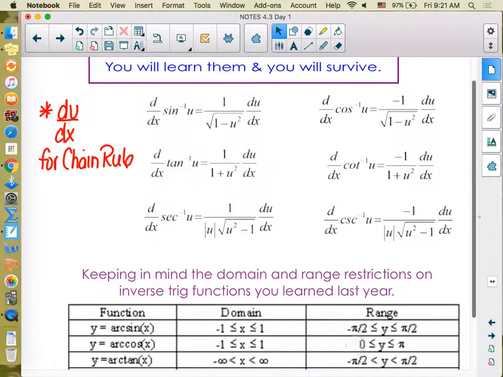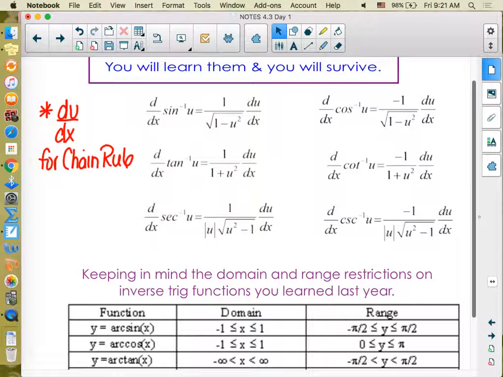Inverse cosine takes in values between -1 and +1, the ratio, and gives out an angle between 0 and pi. You had all these last year. Inverse tangent takes in any number as the tangent ratio and gives out an angle between -pi/2 and +pi/2. Mostly you just want to be aware that there are some restrictions on what comes out of those inverse trig functions and what can go into them in the first place.